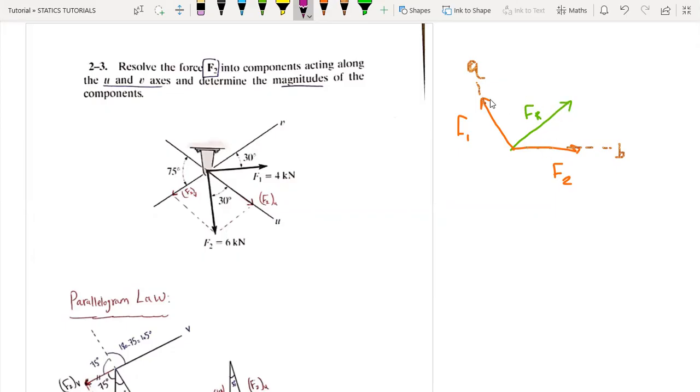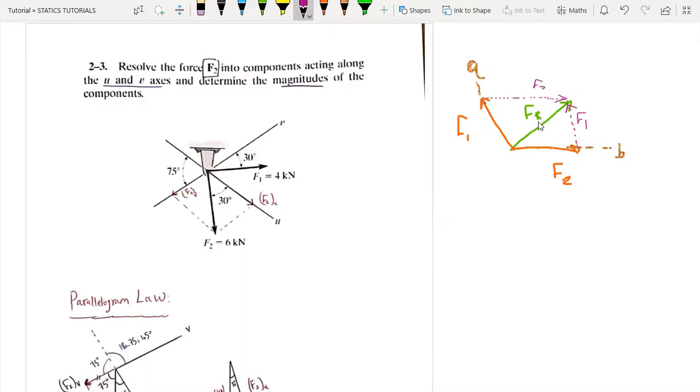So F2, we are going to move it in a parallel direction, and F1, we can also move it here. So as you can see, here is F1 and here it is F2, which are the sides of the parallelogram.